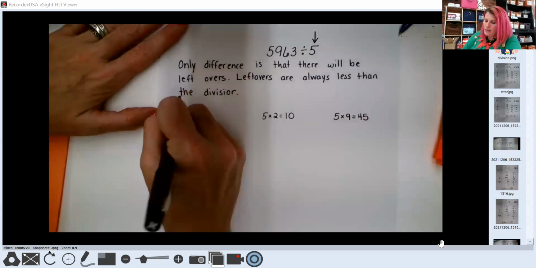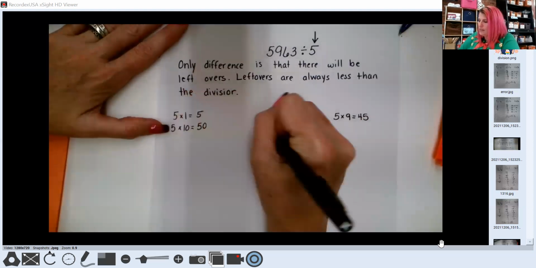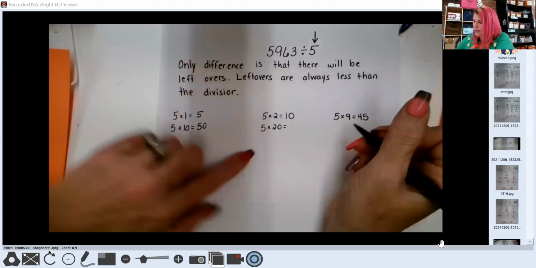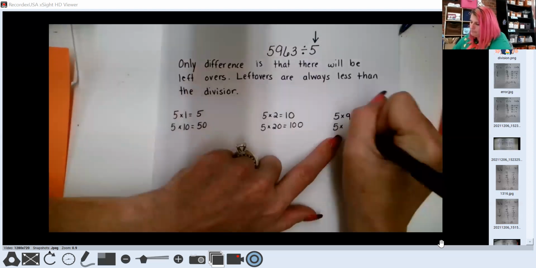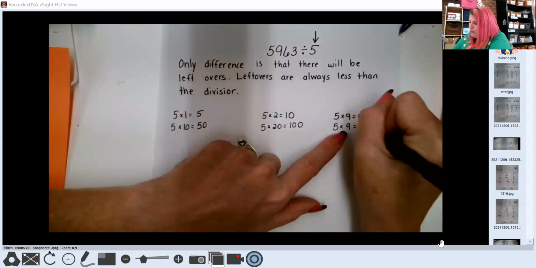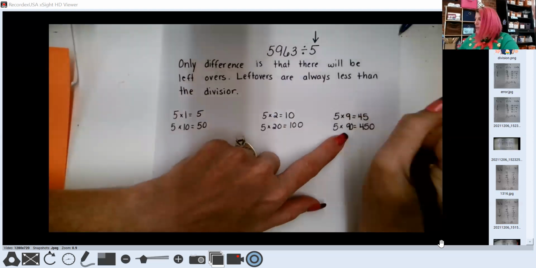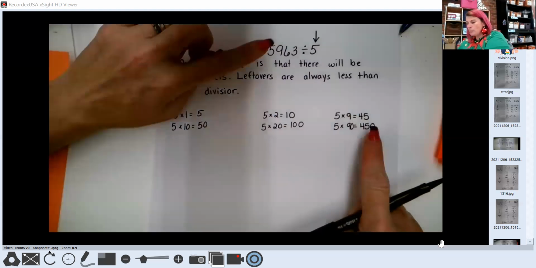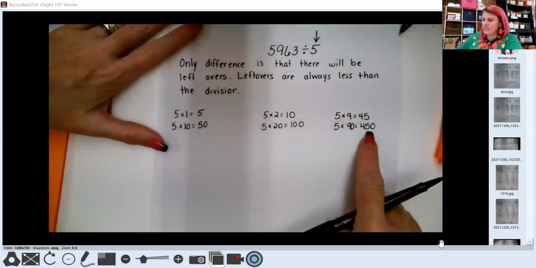5 times 10, because that's a multiple of 1, is 50. 5 times 20, a multiple of 5 times 2, is 100, because it's 10 and then a 0. And then 5 times 90 is 45 and a 0, so 450. Now remember, your multiples have to be smaller than your dividend. I can still go because that's only 450.